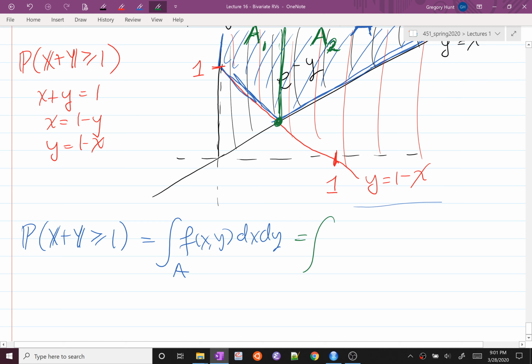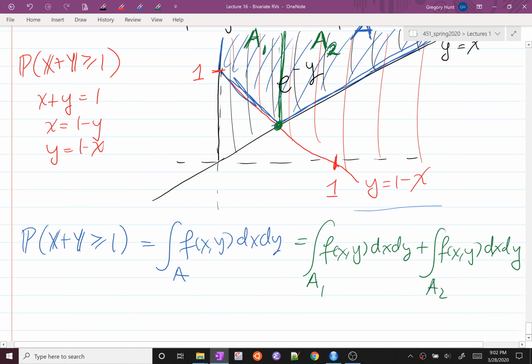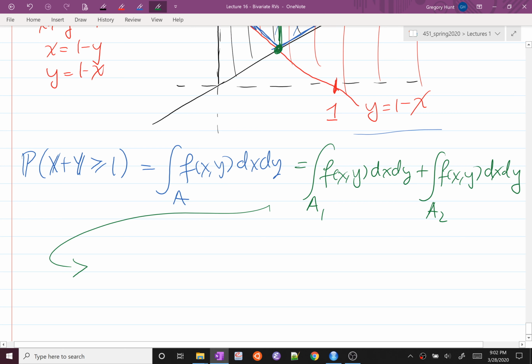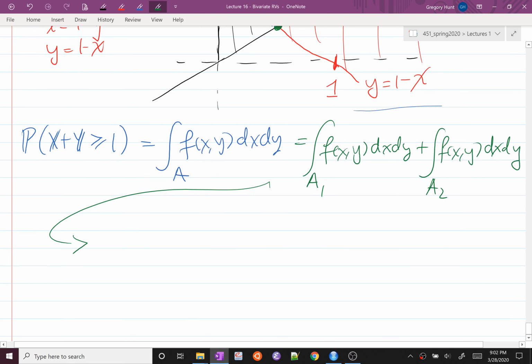And so you could equivalently write this as the integral over A1 of f_xy dx dy plus the integral over A2 of f_xy dx dy. Okay, and we can think about how to set up these integrals. So let's just come down here. We'll set them up for you, and then we'll call it quits. So how do we set these up? Okay, so the first integral is going to be a double integral.